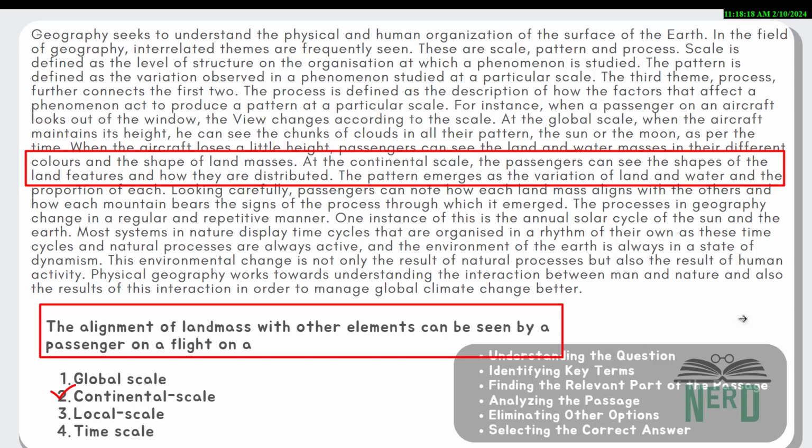Then time scale is unrelated to spatial observation. It is more about processes and changes over time, not relevant to the visual alignment of geographical features, right? When we eliminate that, we are left with the right answer, which is at continental scale, and that is our correct answer, right?